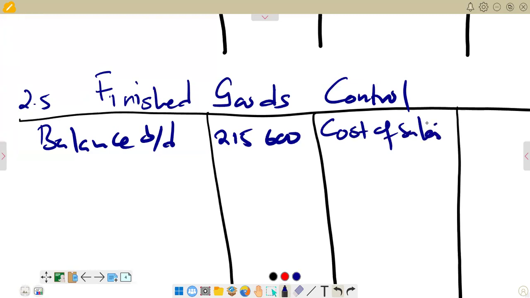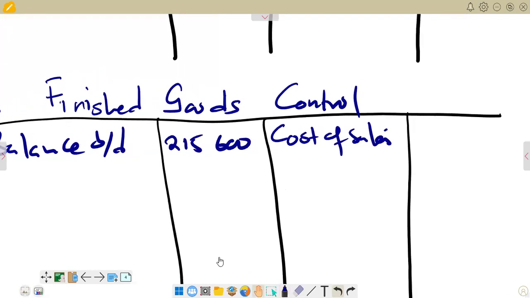The figure that we have there for cost of sales is 5,801,600. And obviously, we are going to the debit side now of the cost of sales account.